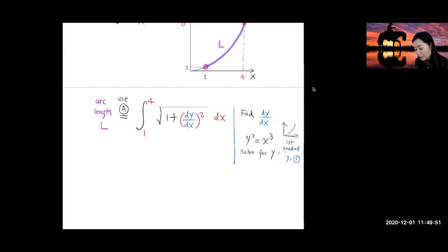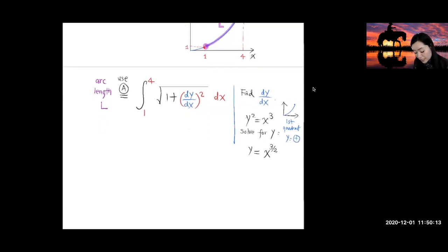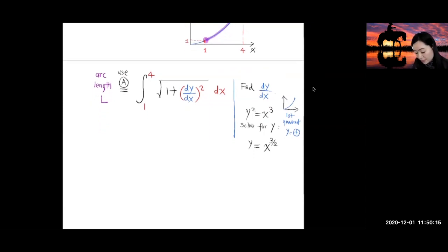The y over here will be equal to the positive square root of x cubed, which is x to the 3/2 exponent. Now we have solved for y, so now we can find dy/dx.